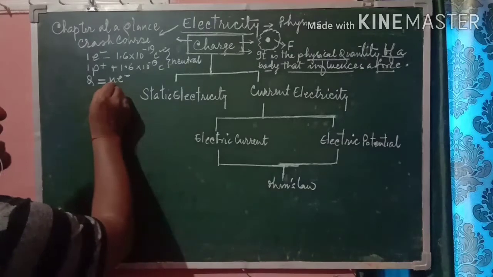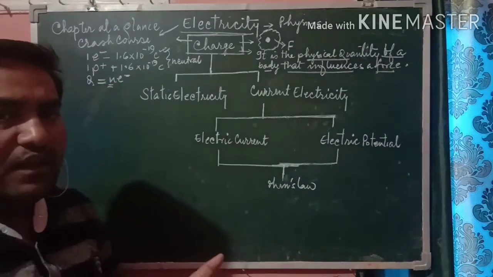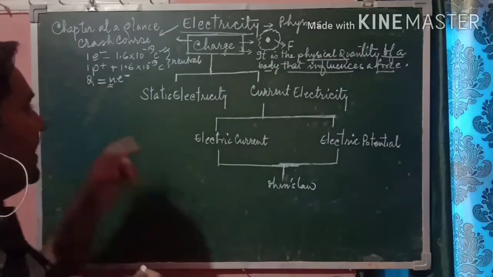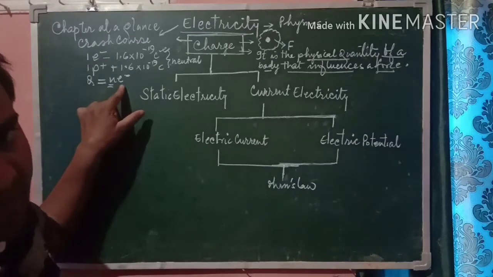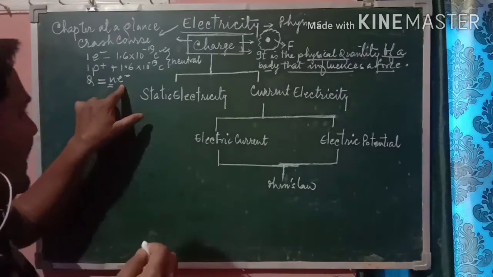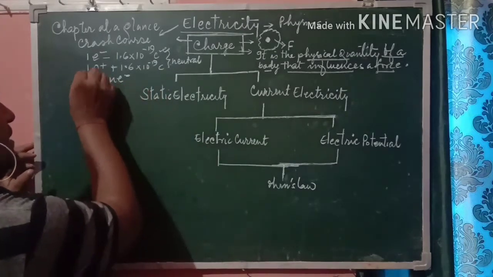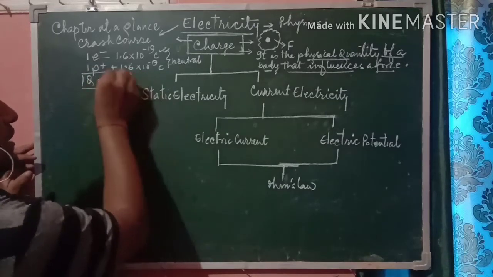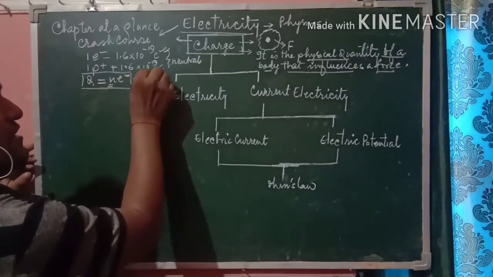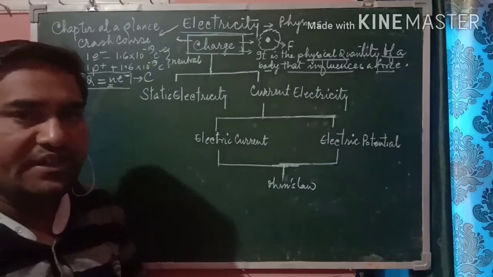So on n electrons, simply multiply n with the charge present on 1 electron, and you can get the amount of charge. Its SI unit is coulomb, denoted by C.